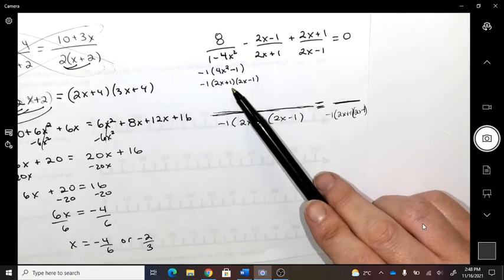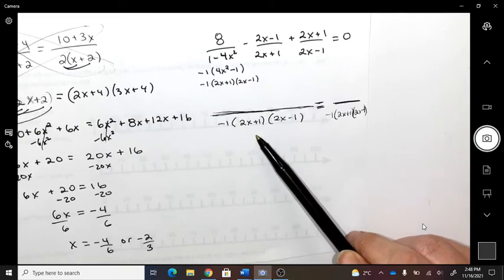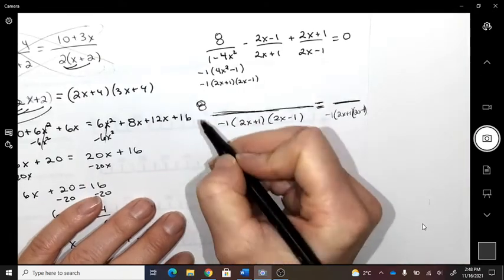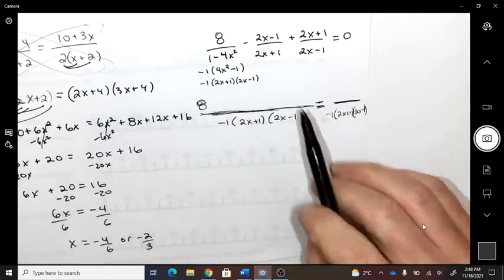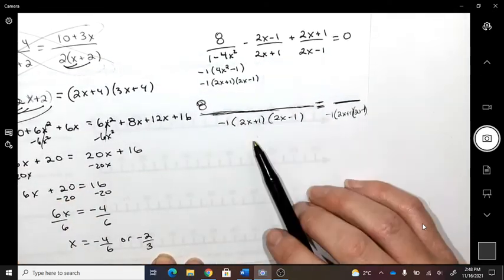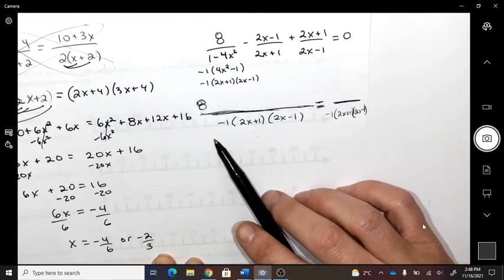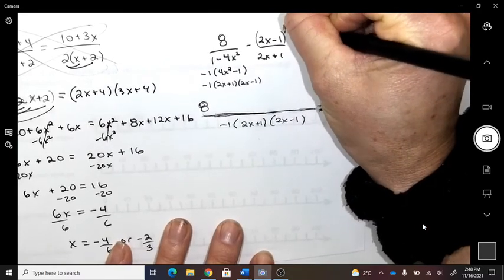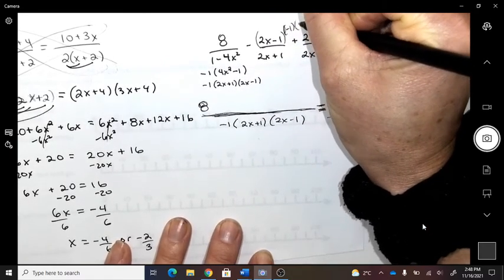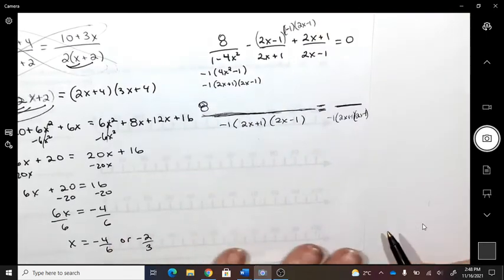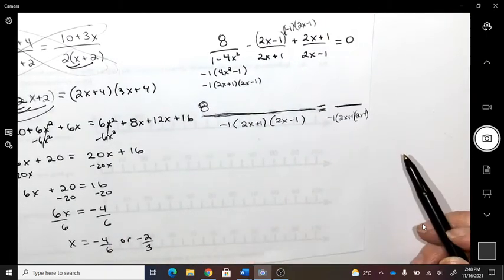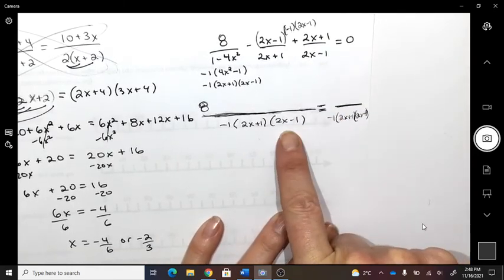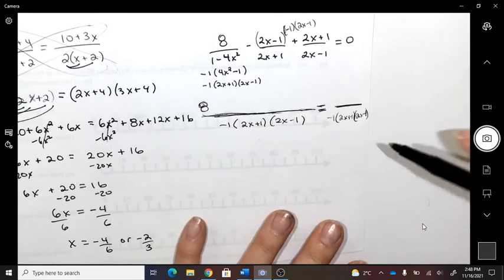So the first fraction, here's the bottom. I did nothing to the bottom, so 8. Okay, next fraction. This bottom would have got times by a -1 and a 2x minus 1. Okay, and this fraction would have got times by a -1 and a 2x plus 1.